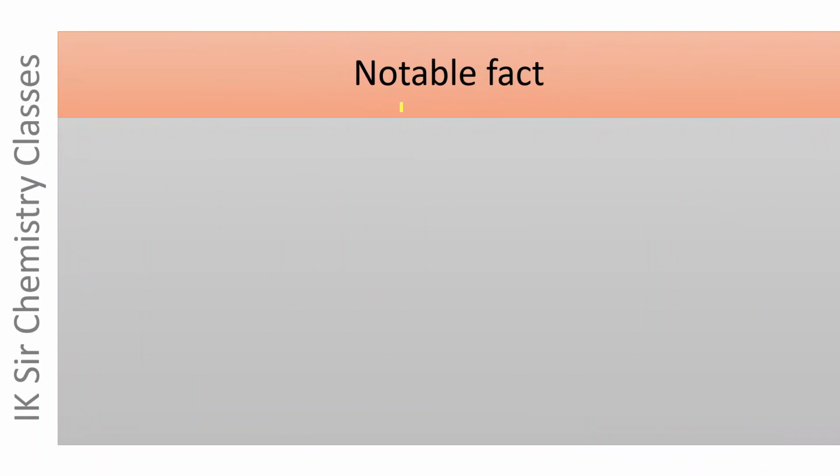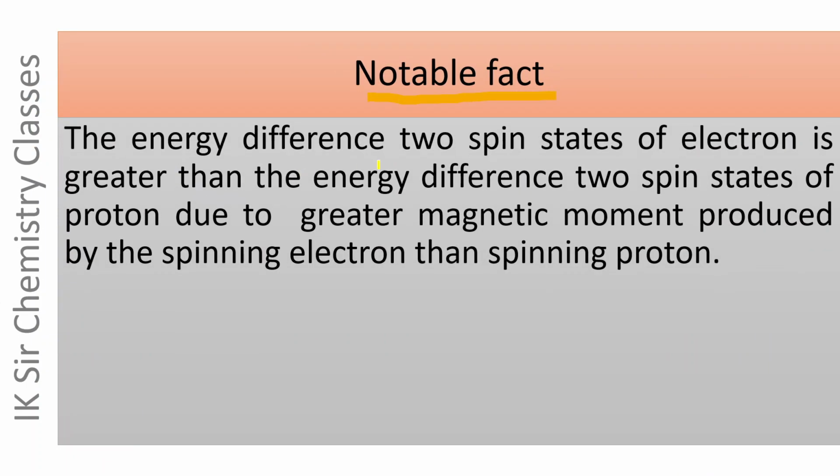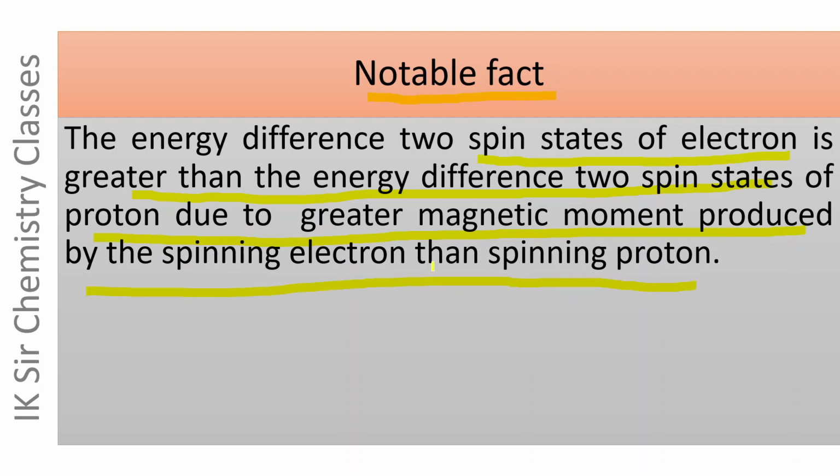There is a notable fact: the energy difference between two spin states of electron is greater than the energy difference between two spin states of proton due to greater magnetic moment produced by the spinning electron than a spinning proton.